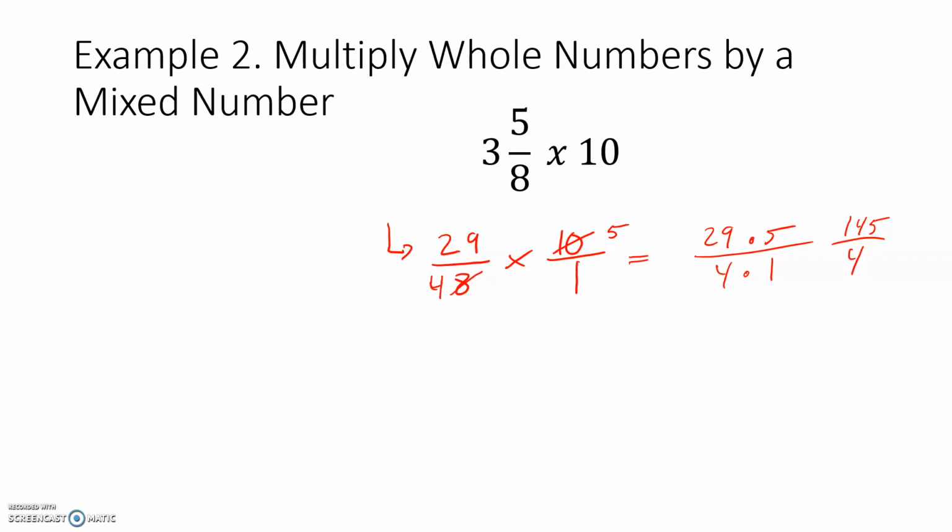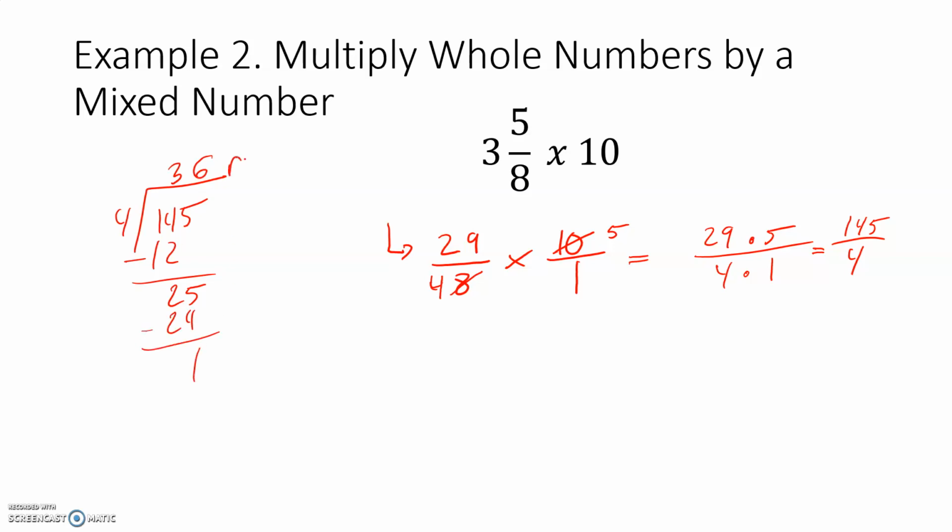I'm going to use division to simplify that. 4 is not an even multiple of 145. So 145 divided by 4: 4 goes into 14, 3 times. 3 times 4 is 12. Bring down the 5, 4 goes into 25, 6 times, so 24.